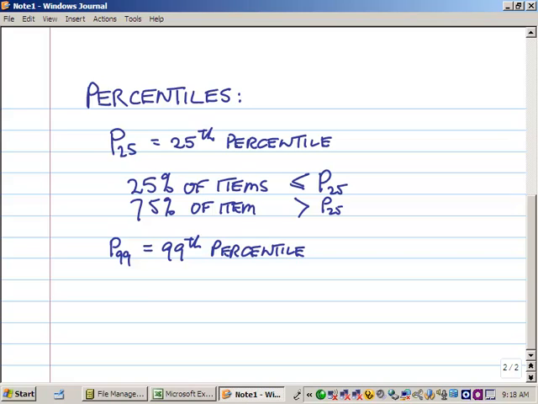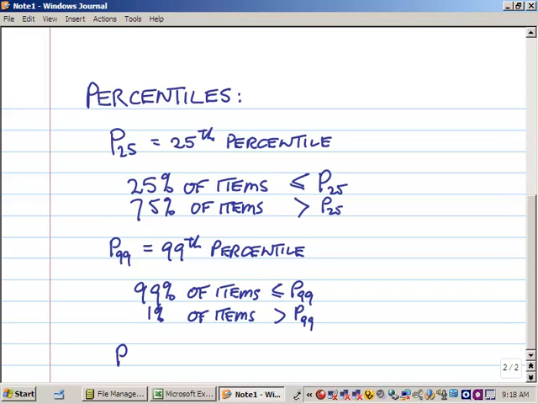Because it means that 99% of the items are less than or equal to the 99th percentile, which means that only 1% of the items are better than the 99th percentile. So if you've got the 99th percentile on a particular exam, that means that only 1% of the population got better than you did. Alright, so that's pretty good. In general, we will talk about the jth percentile, P sub j.